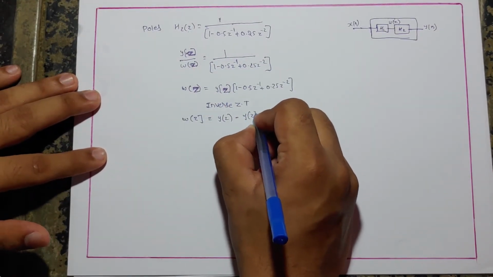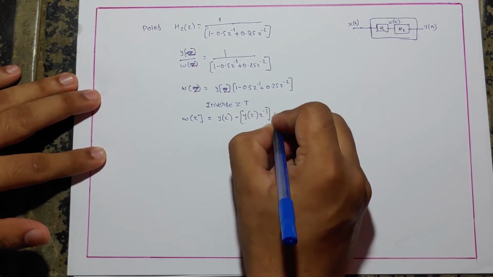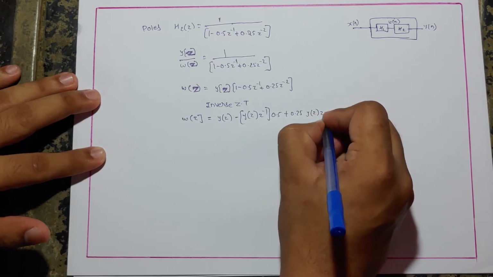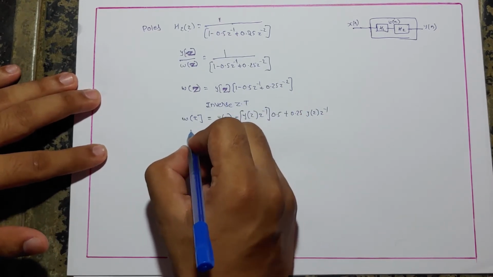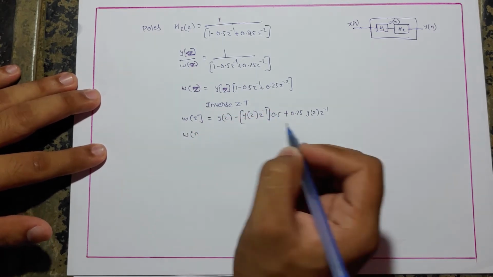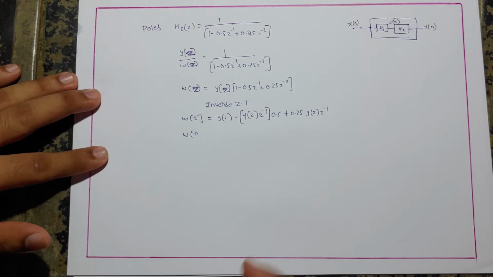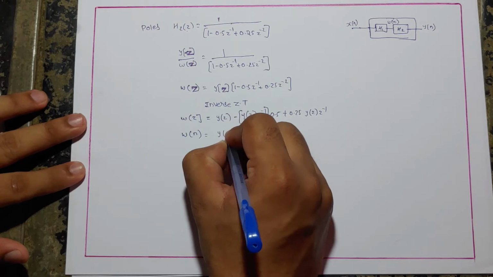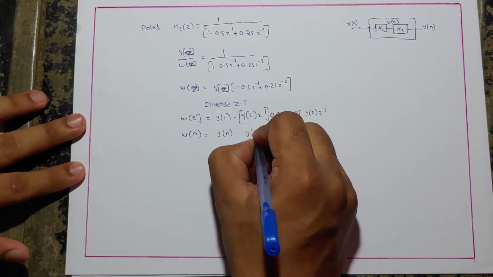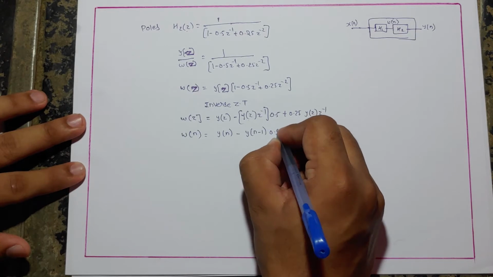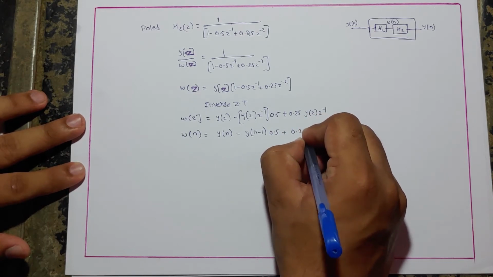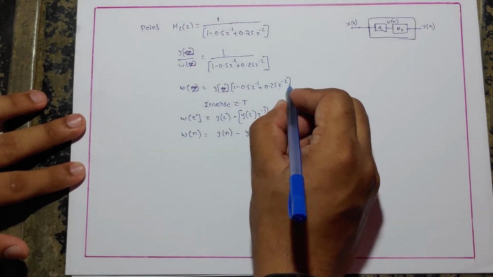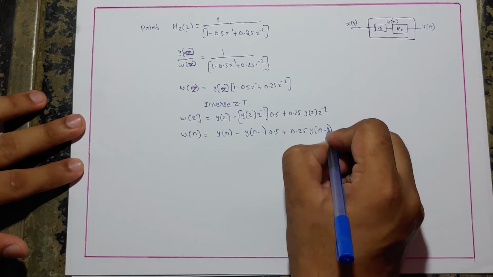After applying the inverse z transform, w of n is equal to y of n minus 0.5 times y of n minus 1 plus 0.25 times y of n minus 2.